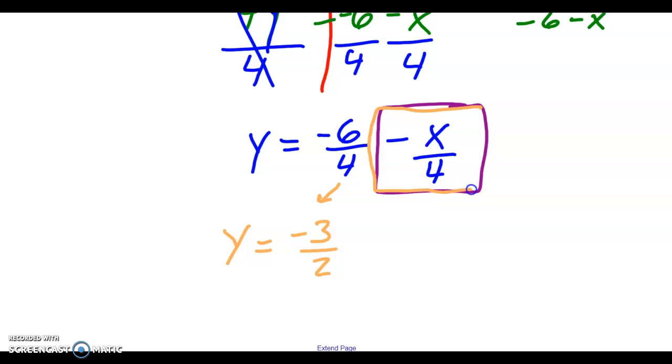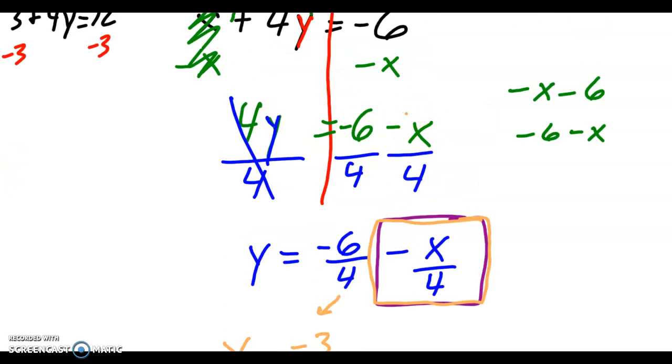But this piece now, you're going to have to simplify that value with whatever's in front of x. Now, this exact scenario where you just have an x, we get a lot of confusion at this point because people look at this as x over 4. They're not sure what that slope is going to be. Remember, when it's an x all by itself, it's technically a 1 or a -1 in this case.